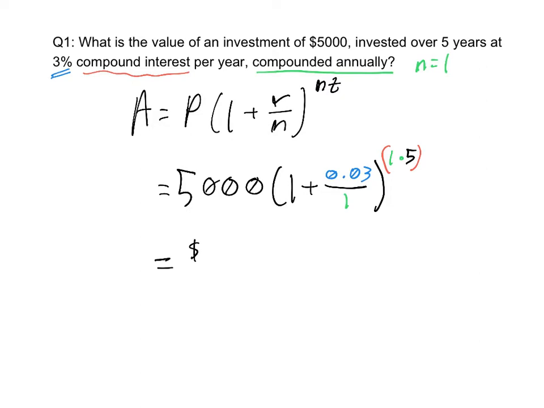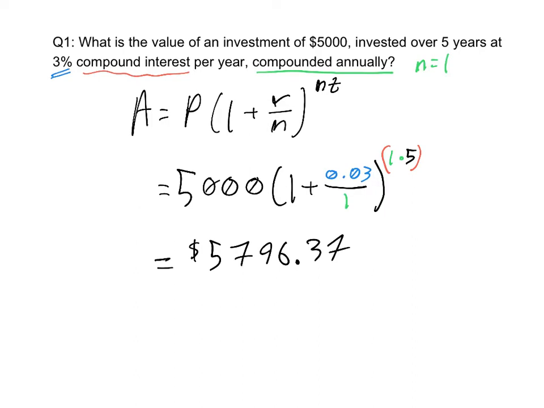I ended up with a value of $5,796.37. If you can think back, these are the exact same numbers that I used for the simple interest problem back in 1.1. And that ended up being, I believe, 5,750.